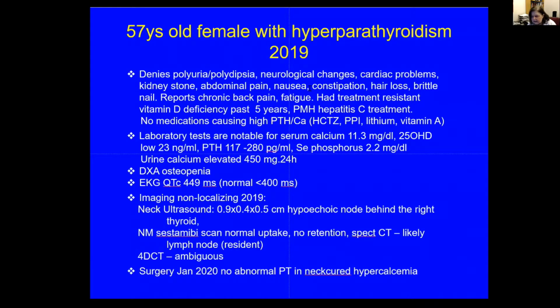What really indicates that she has primary hyperparathyroidism is the low phosphorus. Up to a phosphorus of 3, it's more likely to be primary hyperparathyroidism. If the phosphorus is above 3, it's most likely some form of either hyperplasia or secondary hyperparathyroidism.